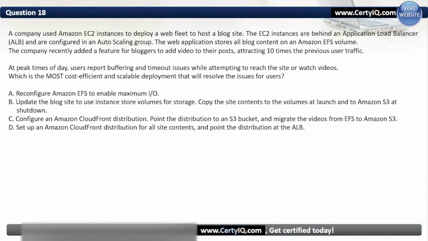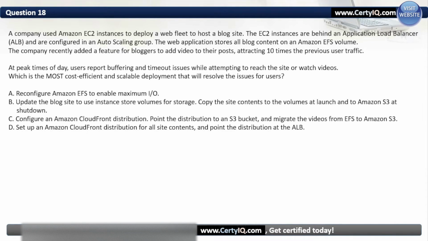The company recently added a feature for bloggers to add a video to their post, attracting 10 times the previous user traffic. At peak times of the day, users report buffering and timeout issues while attempting to reach the site or watch videos. Which is the most cost-efficient and scalable deployment that will resolve the issue for users?